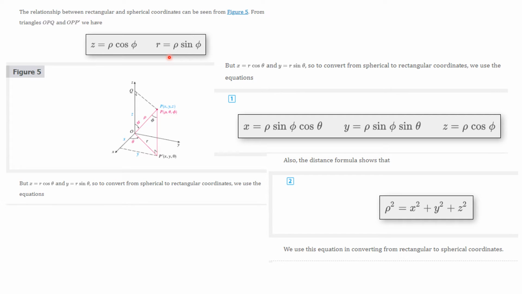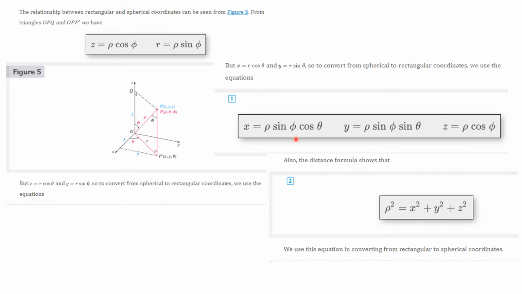But then we can use the fact that x is r cosine theta, so we will substitute in what we have for r. There's r cosine theta using this r, so we get x is equal to rho sine phi cosine theta, and similarly y is equal to r sine theta, so this is rho sine phi times sine theta, and then z is as before.